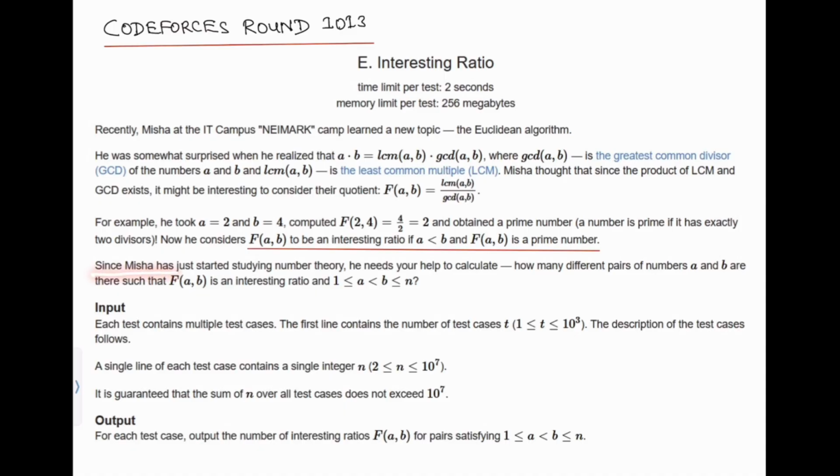Since Misha has just started studying number theory, he needs your help to calculate how many different pairs of numbers A and B are there such that f(A, B) is an interesting ratio and A and B are between 1 and n.